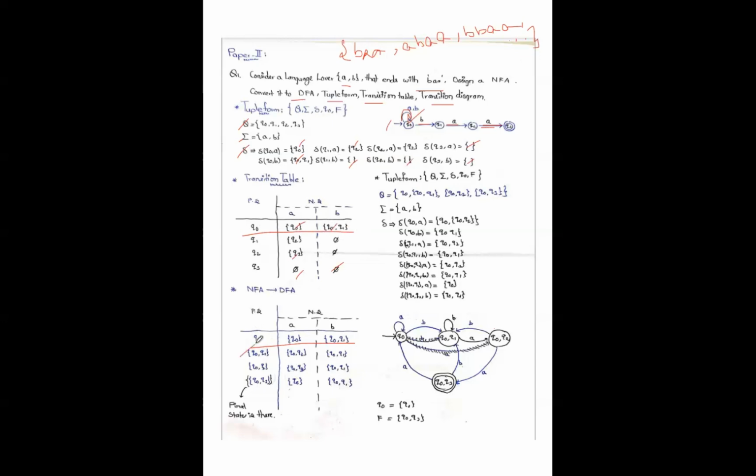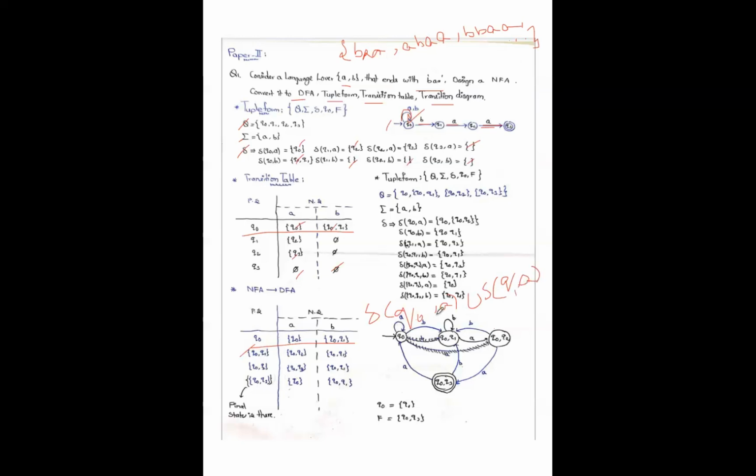Take that and find the transitions on input symbols A and B. So delta of Q naught Q1 on A can be written as delta of Q naught on input symbol A union delta of Q1 on input symbol A.